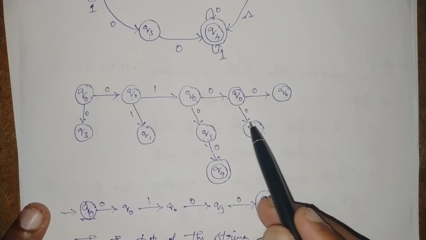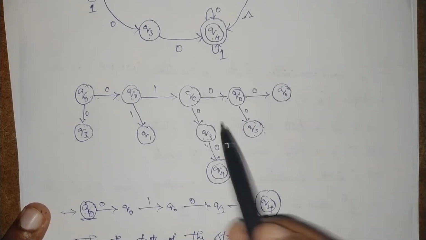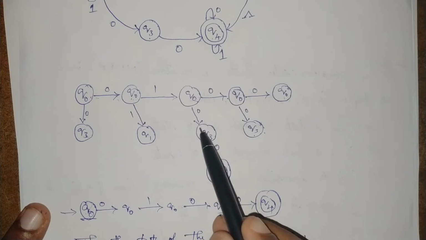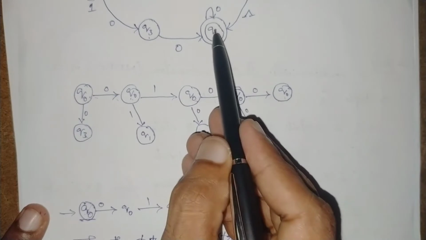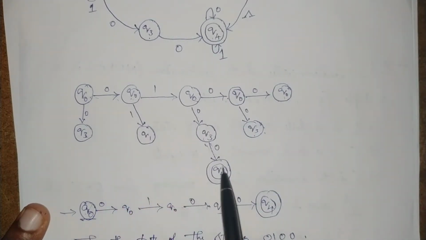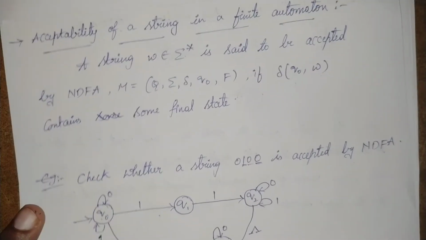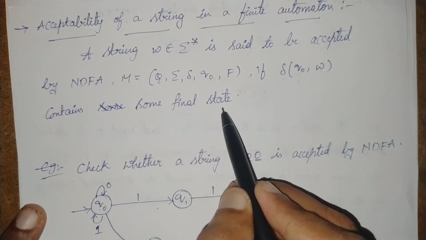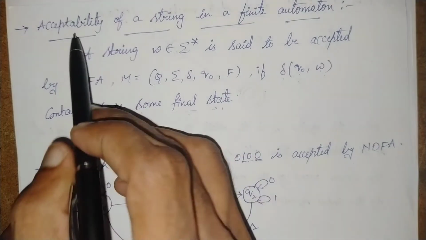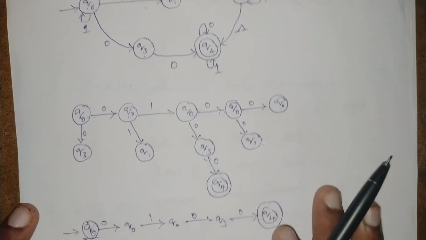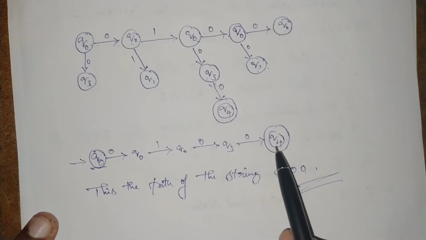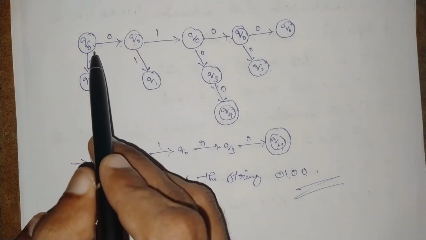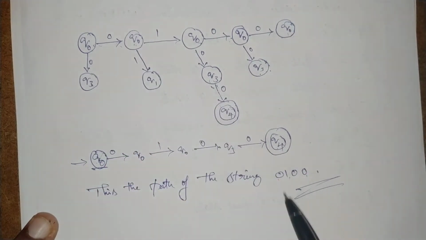When we observe here, we can get the final state when we apply 0 to the state Q3, then it moves to the final state. So this is the correct path for the string 0100. So delta of Q0, W contains some final state, so the string is accepted. Here the final state is only Q4. So this is the right path for the string 0100.